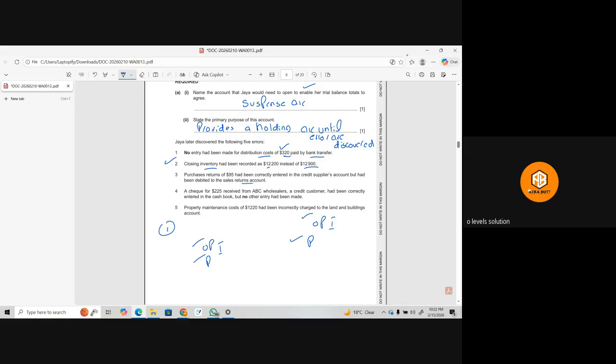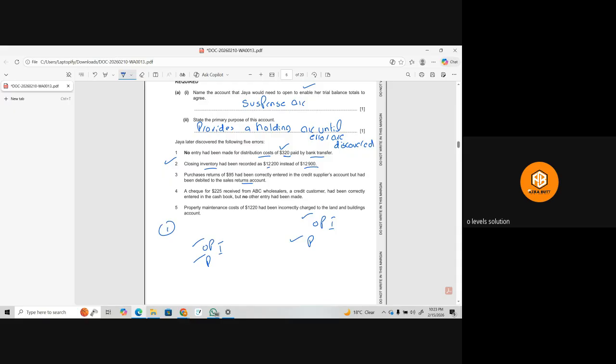The purchase return should be credited, and the sales return account will always be debited. So there is nothing wrong with the credit suppliers account, but we mistakenly debited the sales return account.